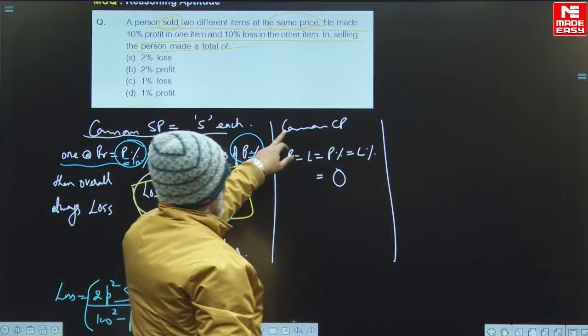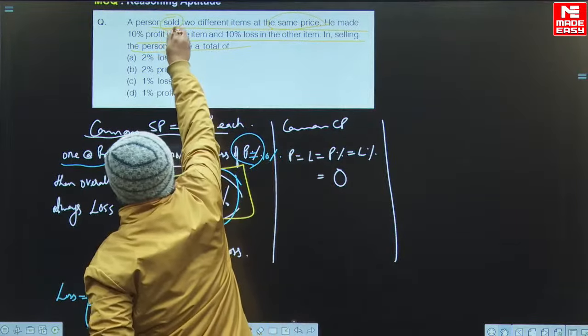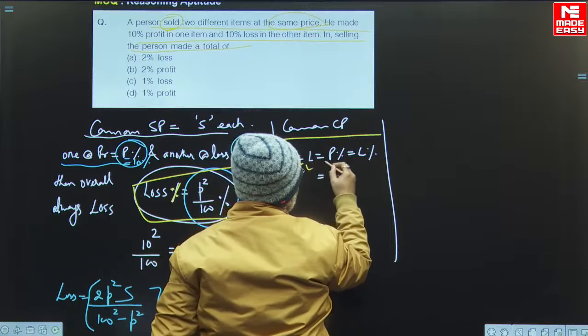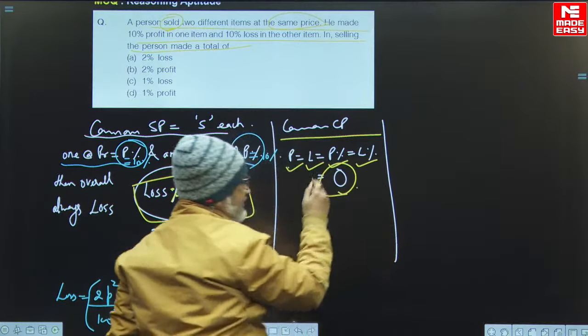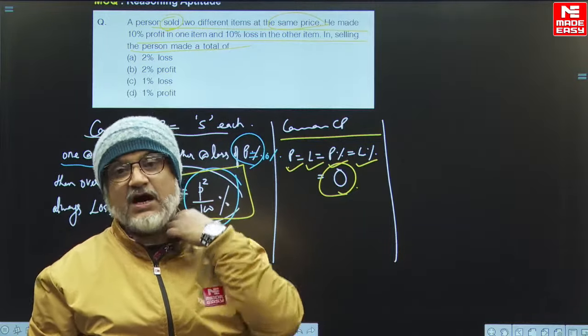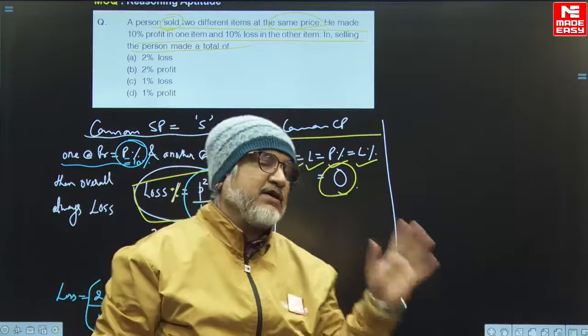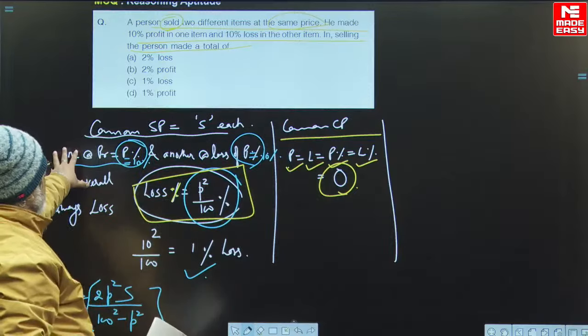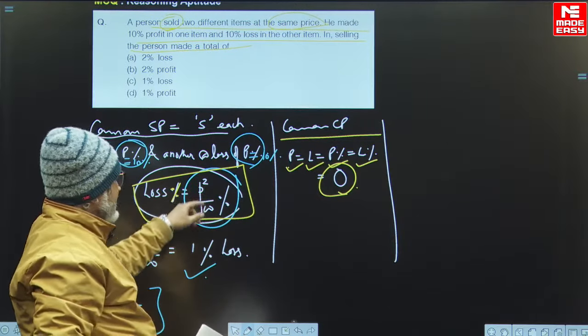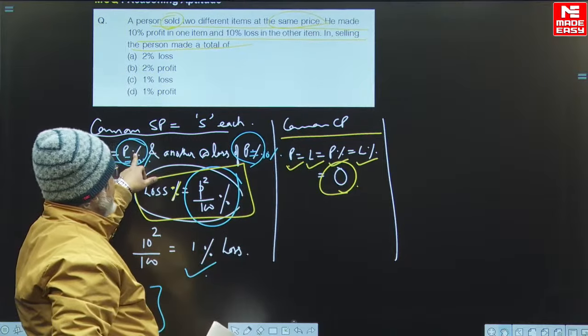Number 2, if there is a common CP, here sold is there, then common SP. For common CP, there is no profit no loss; profit, loss, profit percent, loss percent, everything has to be zero. You can refer to the notes. But here he is asking about common SP. So in case of common SP, overall effectively there is always a loss which is given by P square upon 100%. P is 10 here.